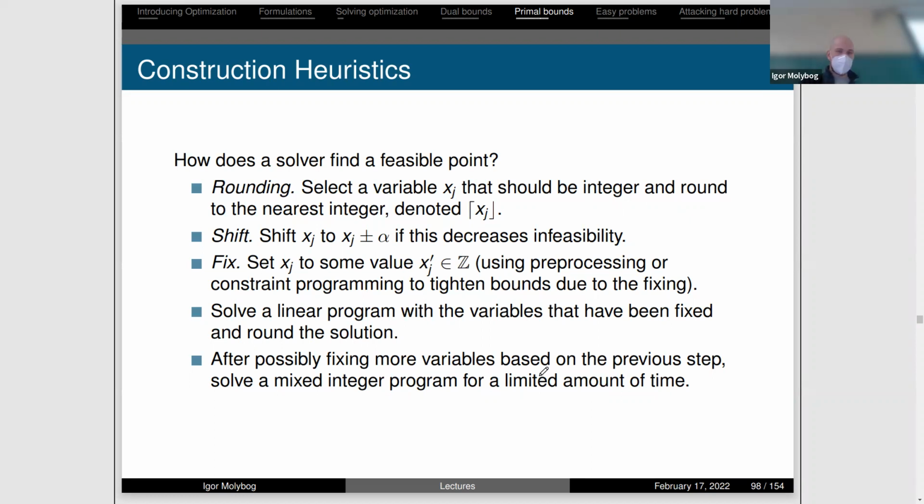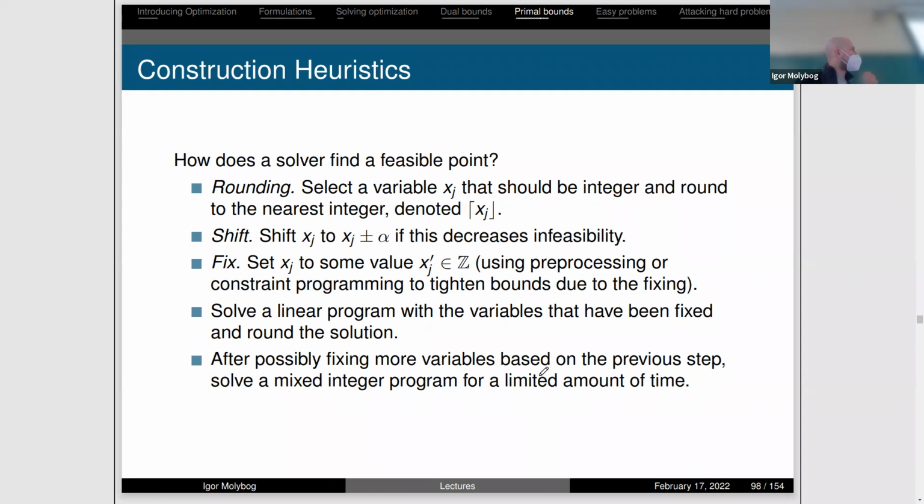They are different because they are probably not as capable of incorporating prior knowledge about the problem or your understanding about the physics of the problem, but they are extremely algorithmic and simple, and they can be repeated quickly. Therefore, they're mostly used in the computational tools that are encoded with the MIP solvers. So the first heuristic here is the rounding heuristic, which we have considered before. You're essentially projecting onto the set of integer values.